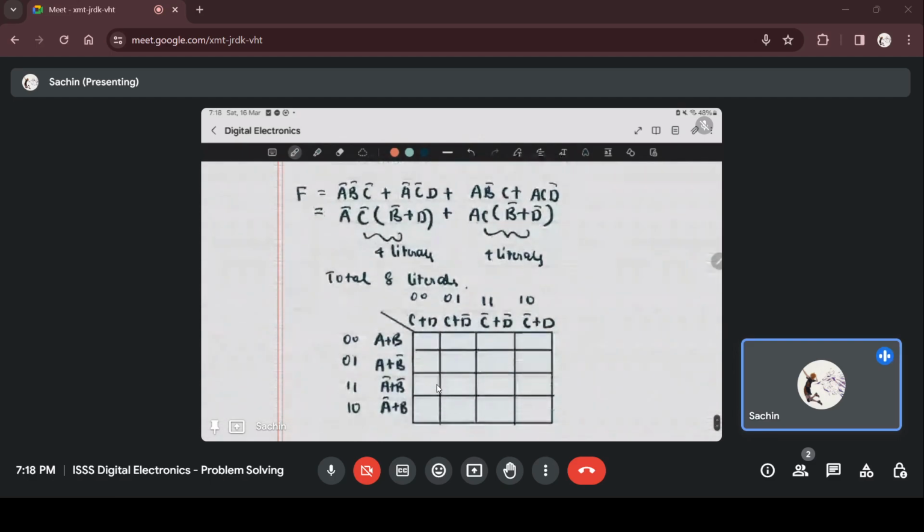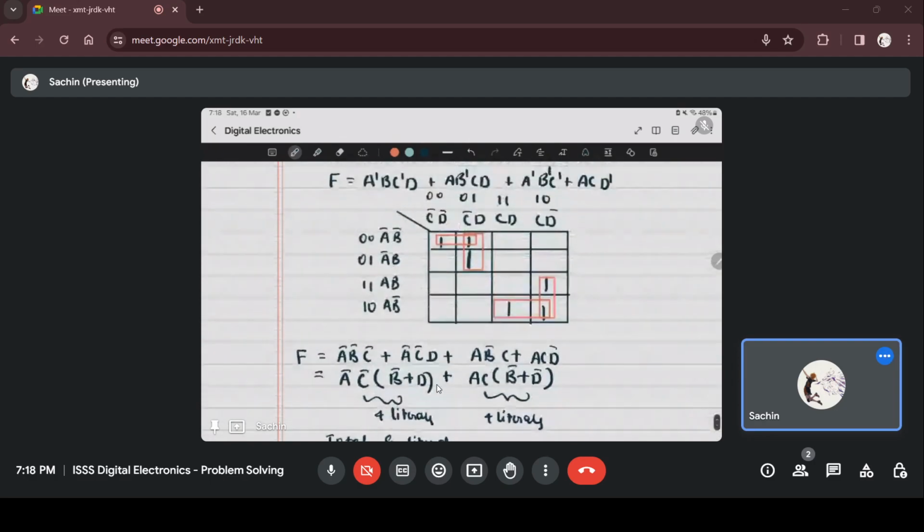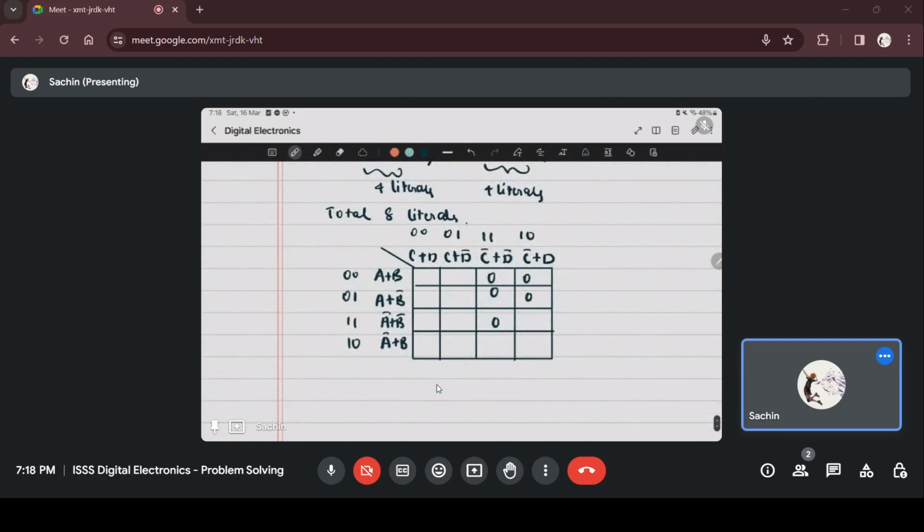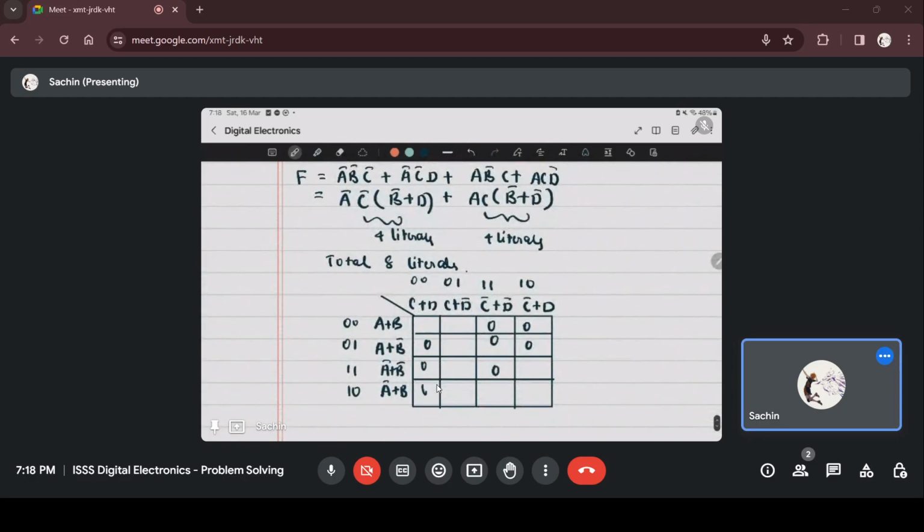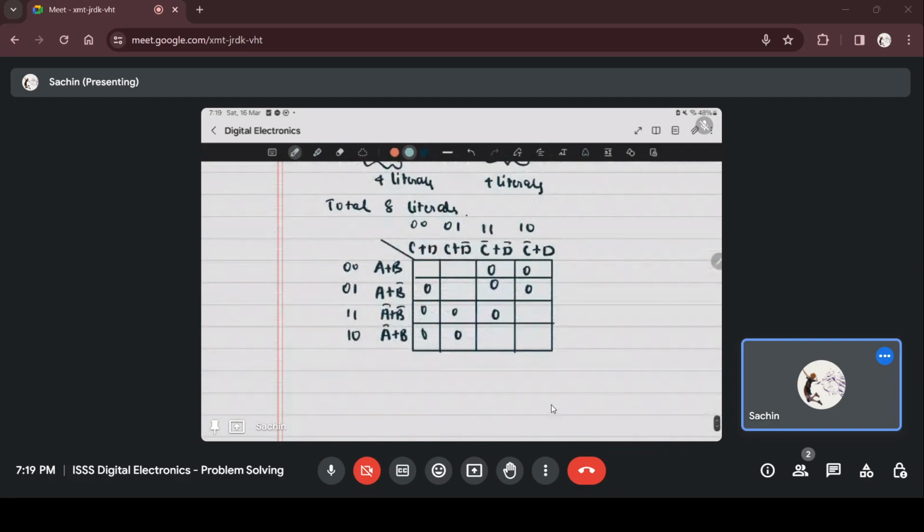You will have zeros wherever there is no 1. So there's a 0, 0, 0, 0, 0, and so this can be grouped with 1 quad, second quad, and 2 pairs.